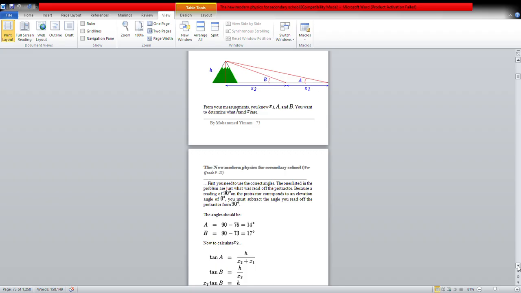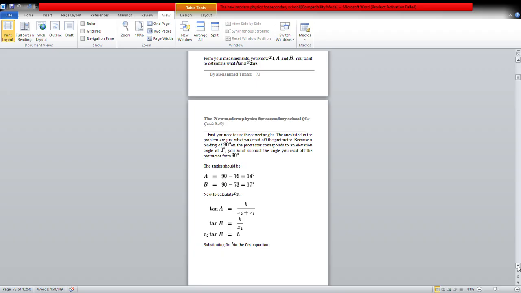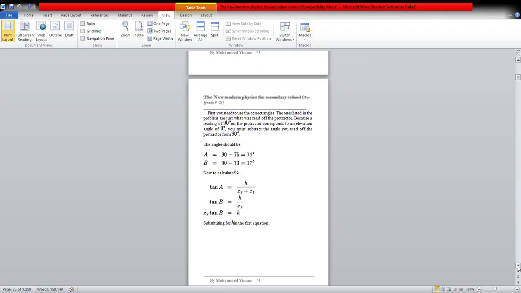The ones listed in the problem are just what was read off the protractor, because a reading of 90 degrees on the protractor corresponds to an elevation angle of 0 degrees. You must subtract the angle you read off the protractor from 90 degrees. A is equal to 90 minus 76, which is equal to 14 degrees. B is equal to 90 minus 73, which is equal to 17 degrees.